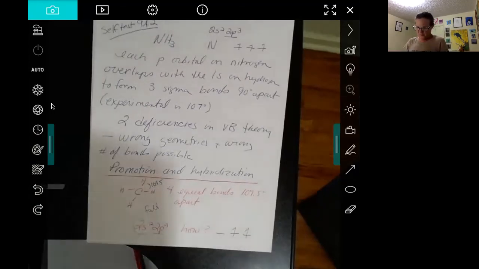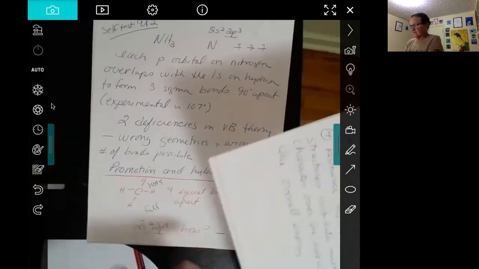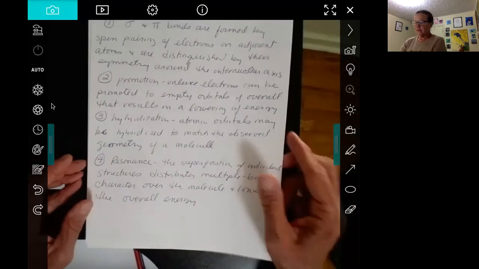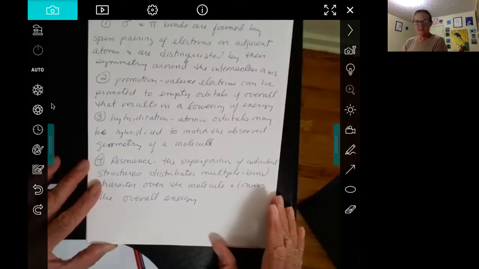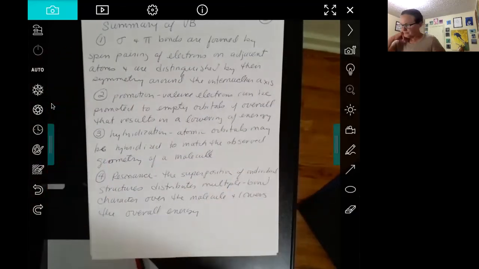And we know when you form a bond, it goes down in energy. So it takes a little energy to do that promotion, but overall, the forming of more bonds will lower the energy more than it took to do that promotion part.